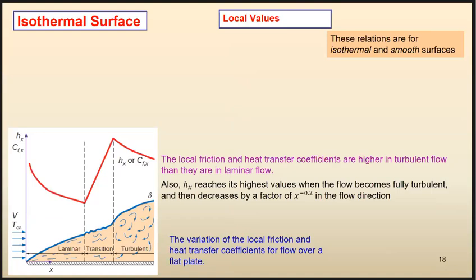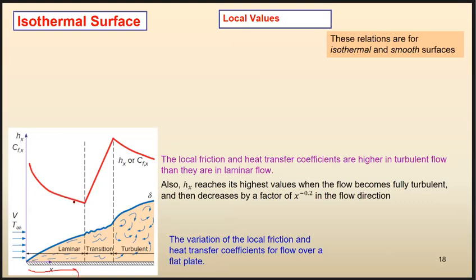So how does it affect the convection transfer coefficient? Interestingly, if you have only laminar flow, the convection transfer coefficient decreases as we move along the surface in the x direction.